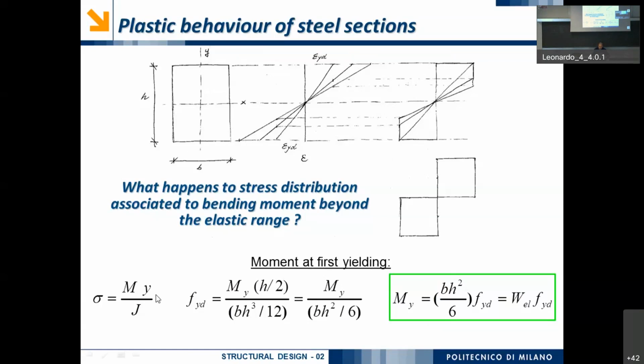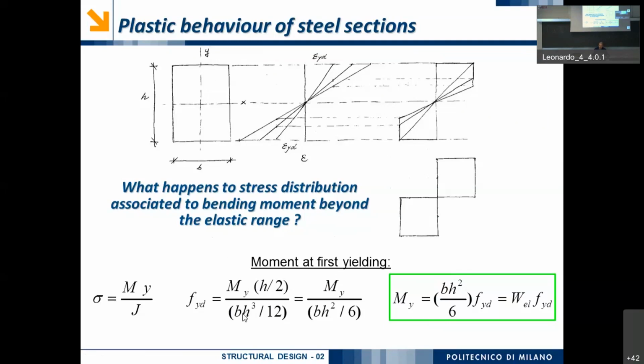And so, we know the value of sigma, which is equal to f yd. We know the value of y, because y is h over 2, because we are dealing with the fiber whose distance from the neutral axis is exactly equal to h over 2, and we know the value of the inertia moment.